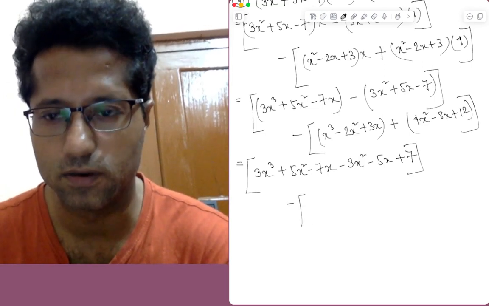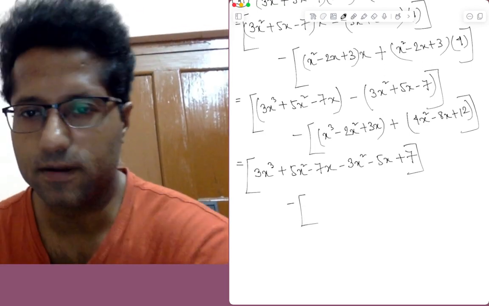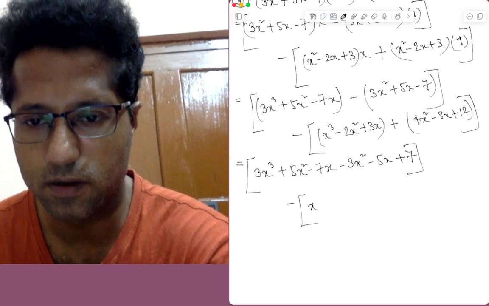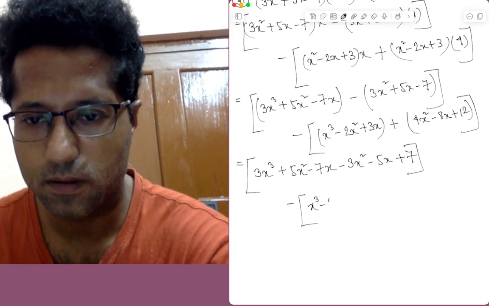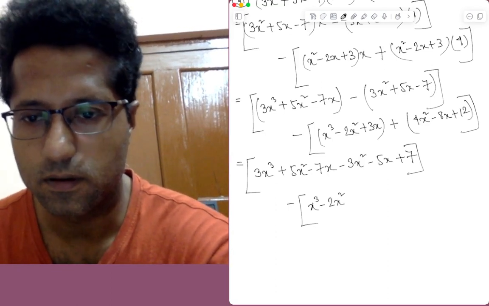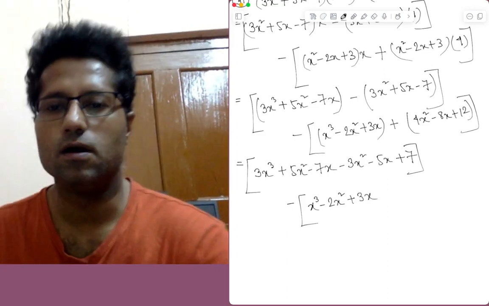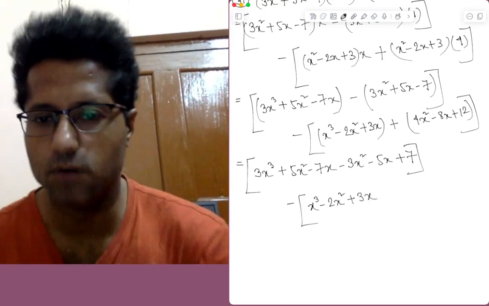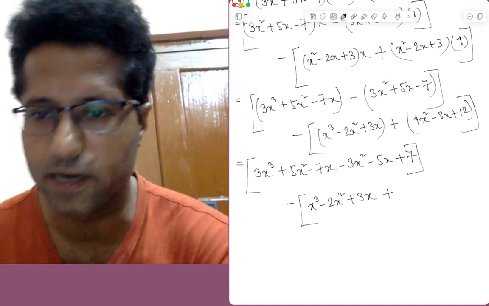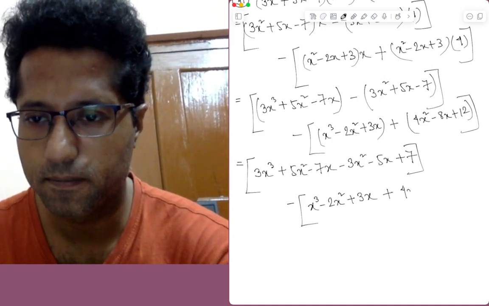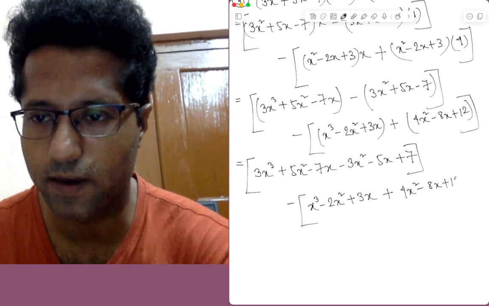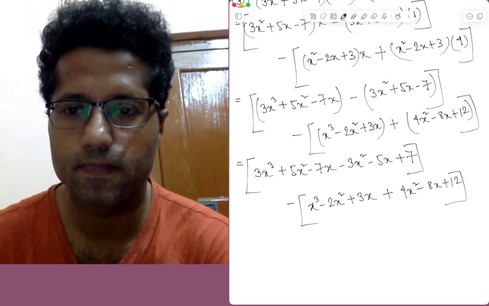Similarly, if we do the same for the second square bracket, the first grouping symbol will open without any problem because there is no negative sign just before the grouping symbol. Also the second grouping symbol will open up since there is no negative sign. So we have this.